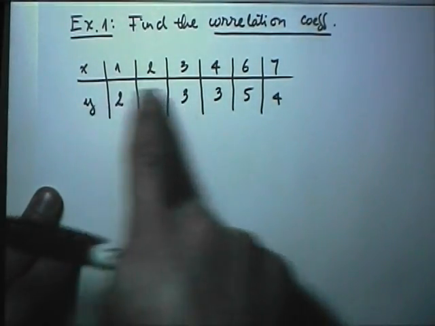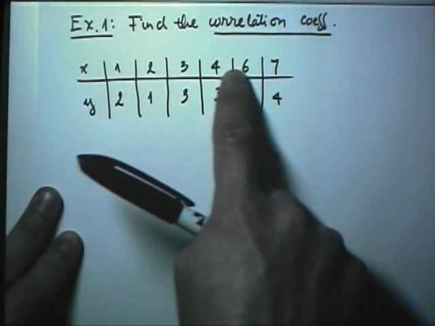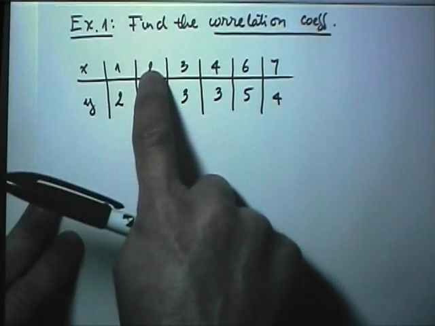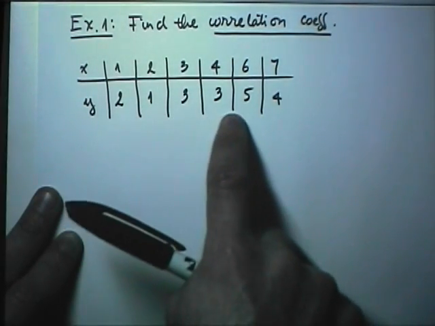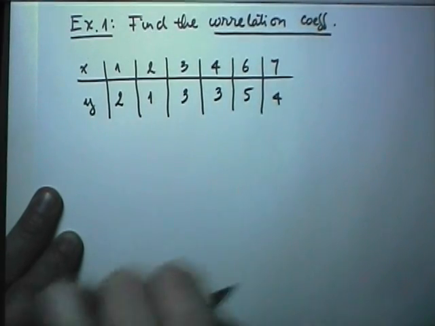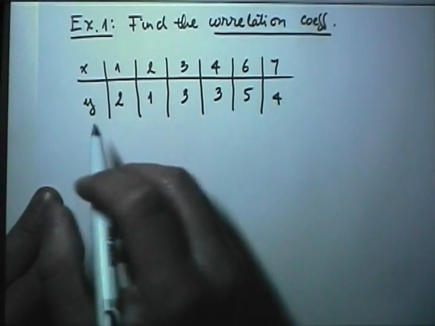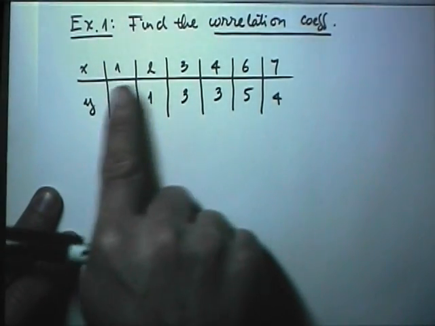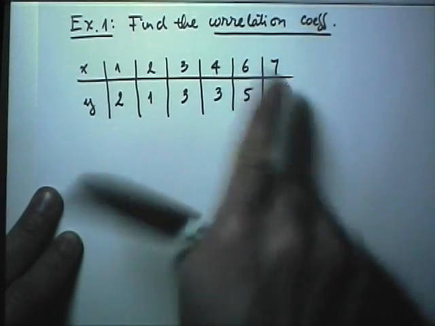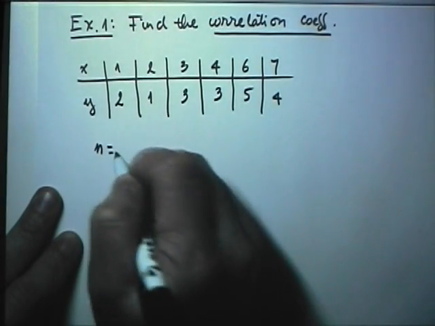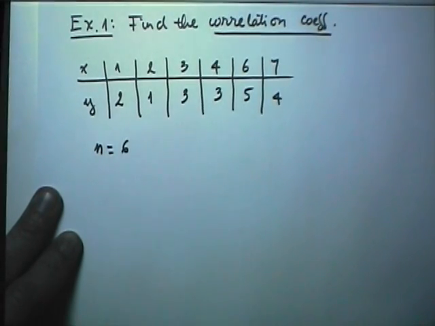I call the top row, the first data set, the x values, and the bottom row, the second data set, the y values. If you count the number of data points, I have 1, 2, 3, 4, 5, and 6. So n, the total number of data points, is 6.